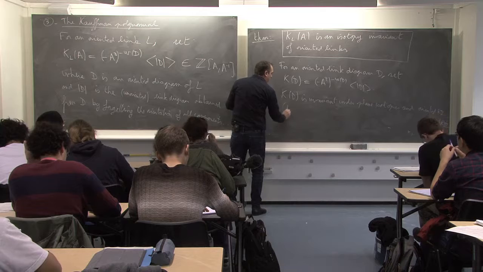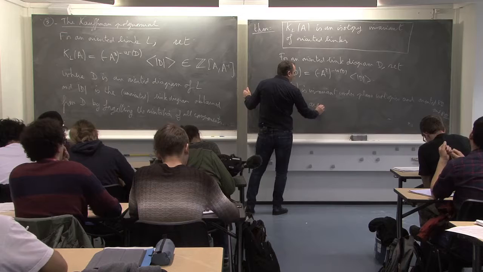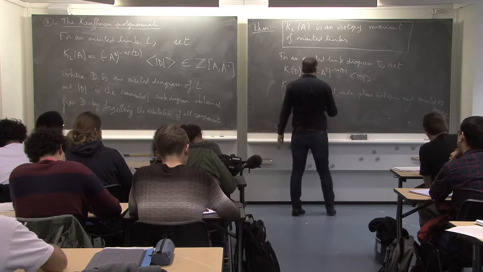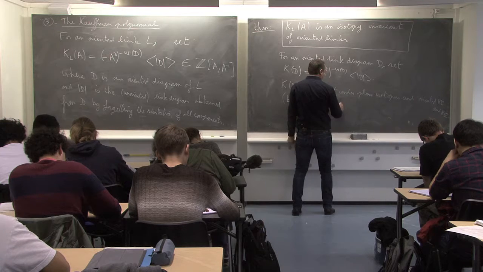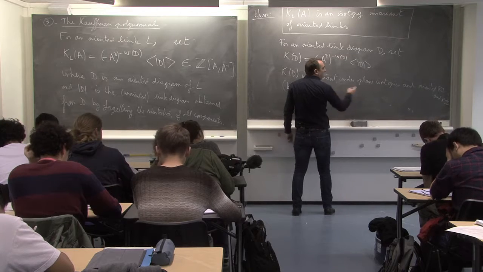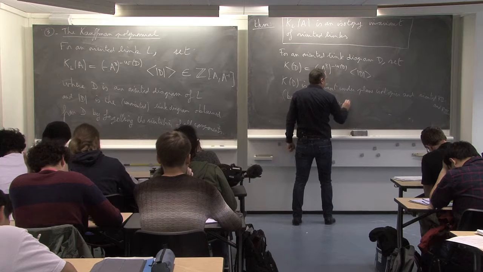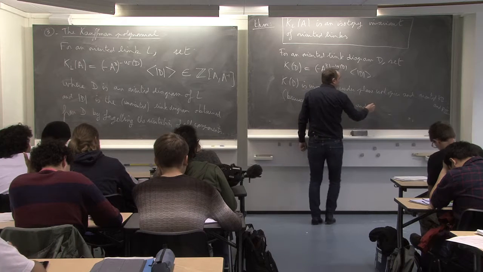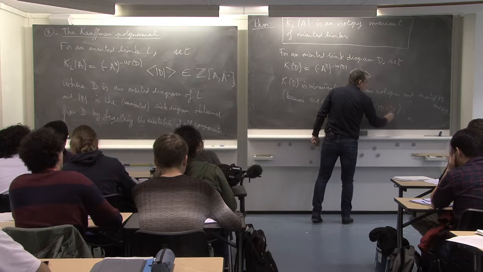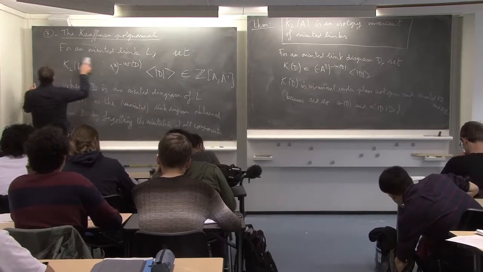And why? Because the writhe number and the bracket polynomial are invariant under plane isotopy and Reidemeister moves 2 and 3. So we have already shown this. Okay. Next, we need to check the invariance under R1.